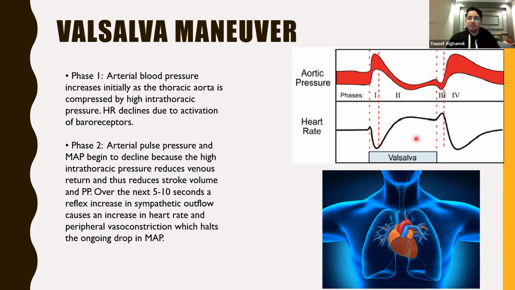And whenever you have a decrease in blood pressure, it will be accompanied by a slight increase in heart rate. Just keep that in mind, because this is the whole basis of the Valsalva maneuver. So like we said, in the first phase, increased intrathoracic pressure increases the blood pressure, which will decrease your heart rate due to baroreceptor reflex activation, right?